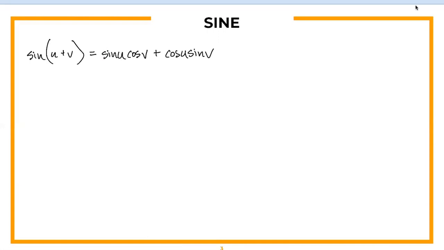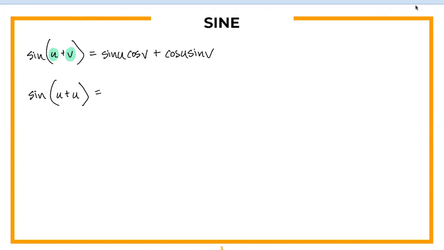Now, what's different today is when we talk about a double angle, what we really mean is that the first angle that we're adding is actually exactly the same as the second angle, meaning u equals v. And so the double angle formula is actually a special case where we have u plus u, or we could say v plus v.